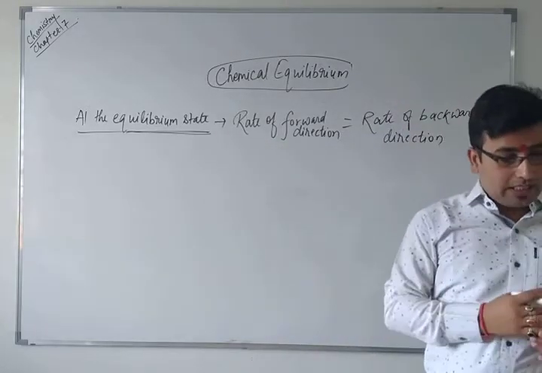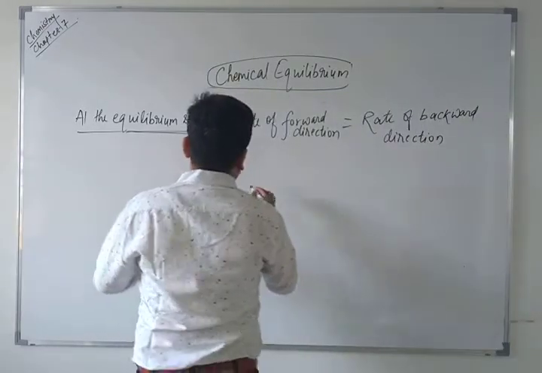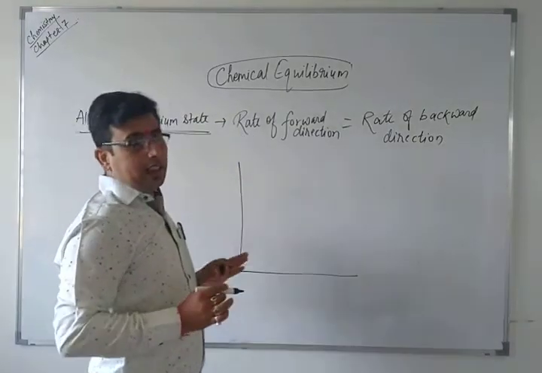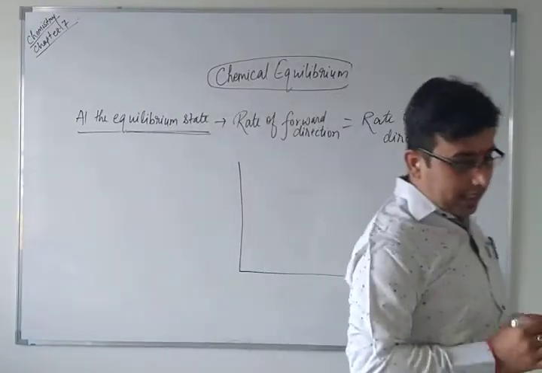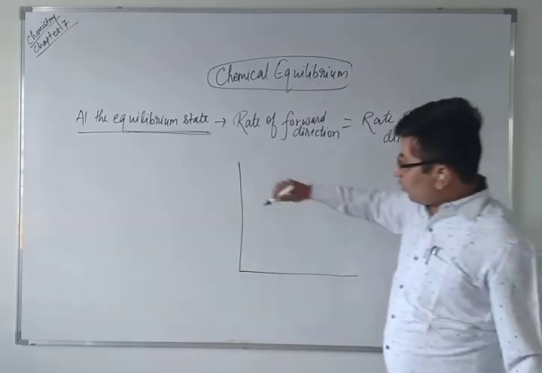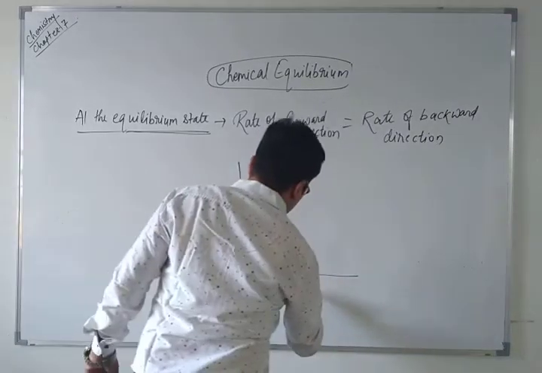If you want to see this graph, I'm just showing you. Suppose here the concentration and the time. On the x-axis and y-axis, the rate of reaction and the time taken to change. So you can write here the rate of reactions, and here the time taken to change.